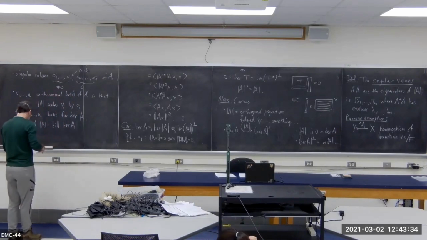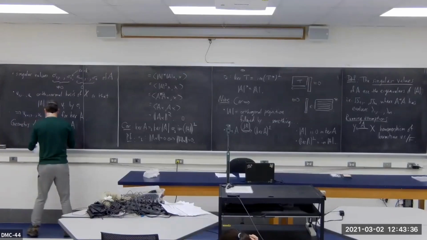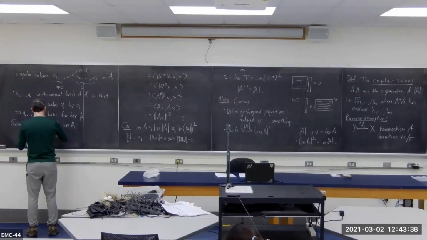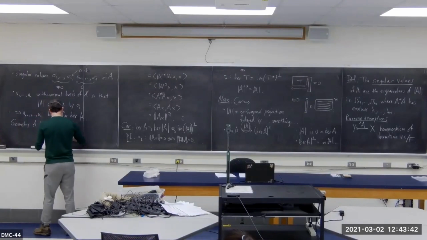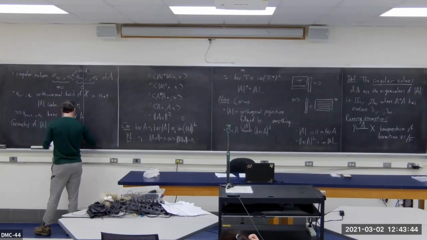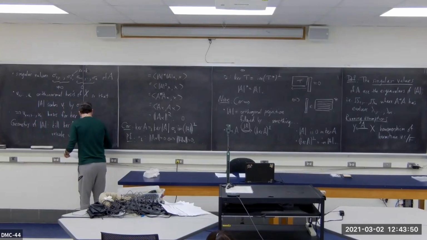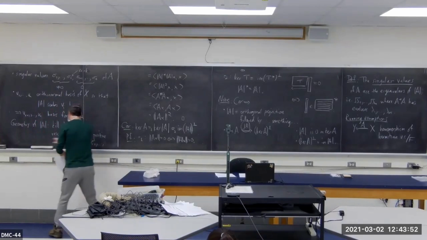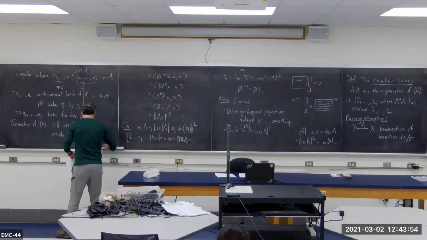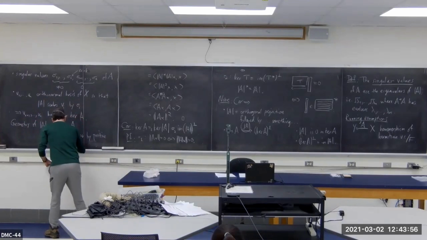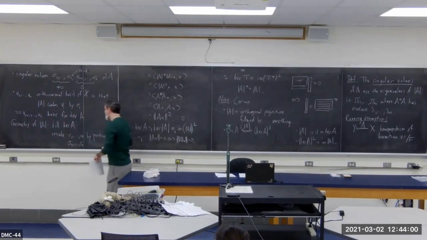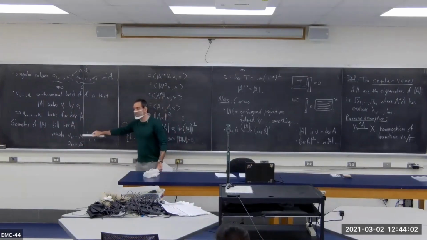And then what you're going to do is kill the kernel of A and rescale v1 up through vr by positive sigma 1 up through sigma r. Okay, that I hope you understand is a very simple thing to do.